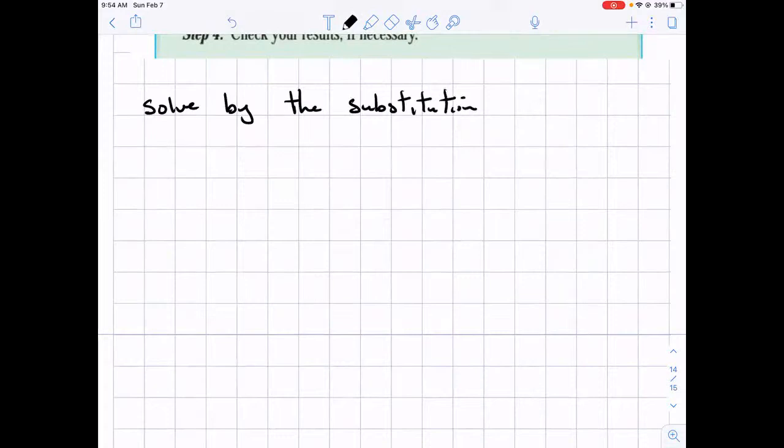Now, when I don't tell you which method, you can choose any method you want. I need two equations, so here's an example. 2x plus 3y is equal to 5, and we have x minus 2y is equal to 6.